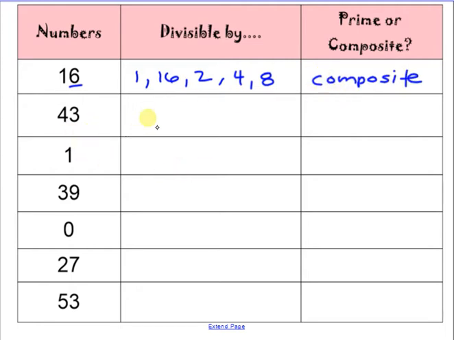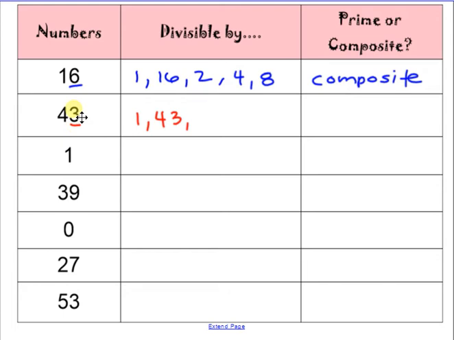Let's take a look at the number 43. So 1 goes into 43, 43 goes into 43. 2 would not work, 3 would not work because 4 plus 3 is 7. 4 would not work, 5 would not work, 6 would not work because 2 and 3 don't work. 9 would not work because 4 plus 3 is 7, and 7 does not go into 9 evenly, and 10 would not work.